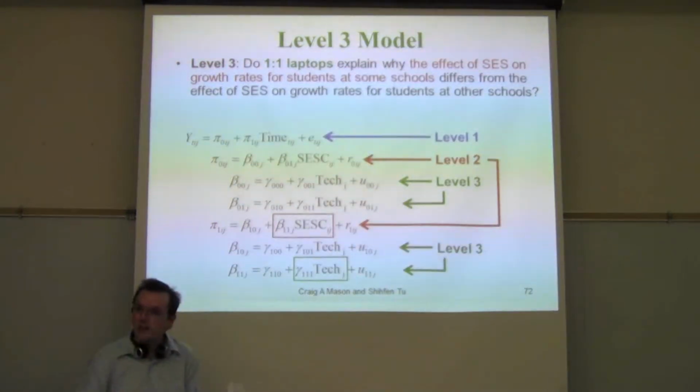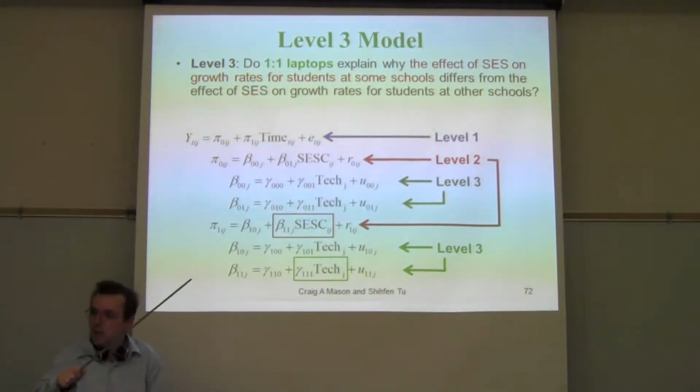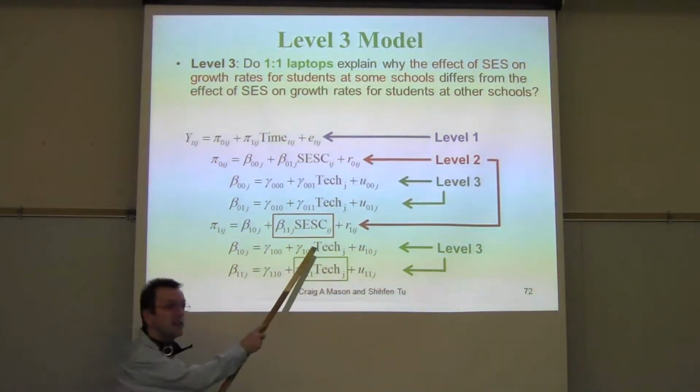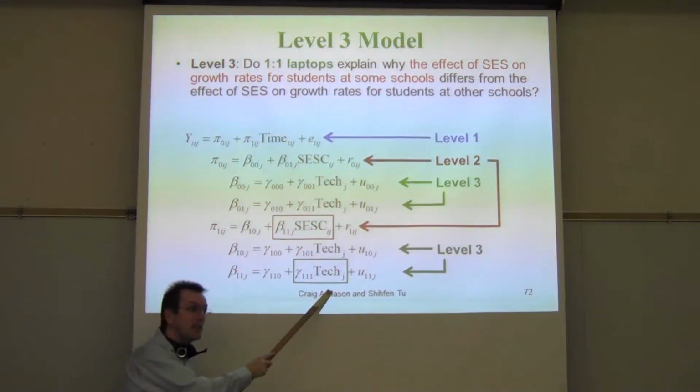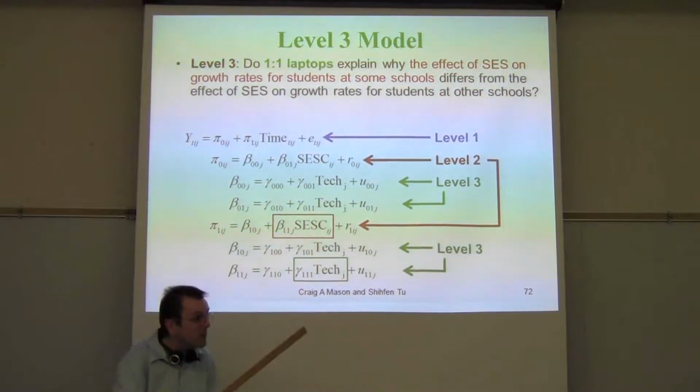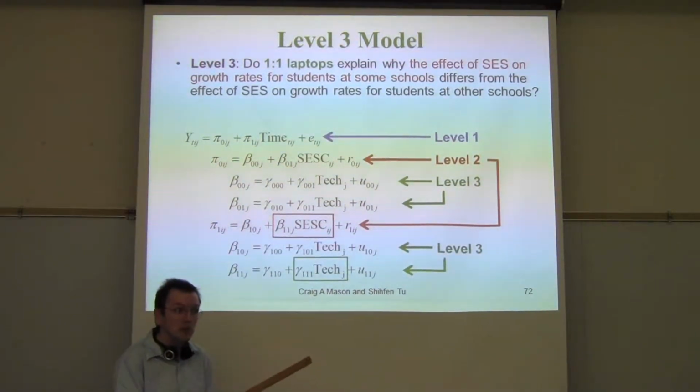But for other kids, if they're low SES, this might make a big deal. And so maybe what laptops are doing is equalizing. If you look overall, maybe laptops really aren't having an overall effect, but maybe they are having an effect on improving those for low SES kids. That would be pretty cool.